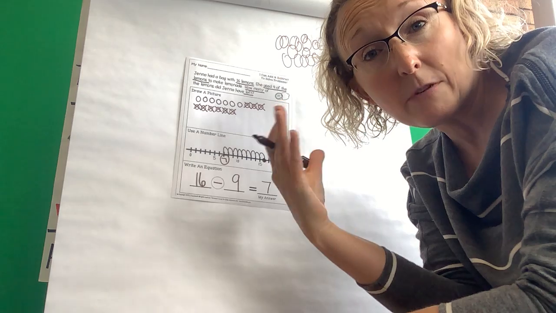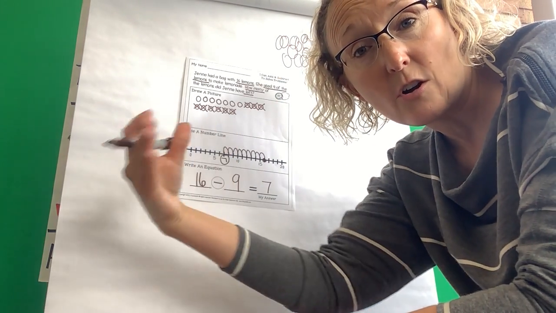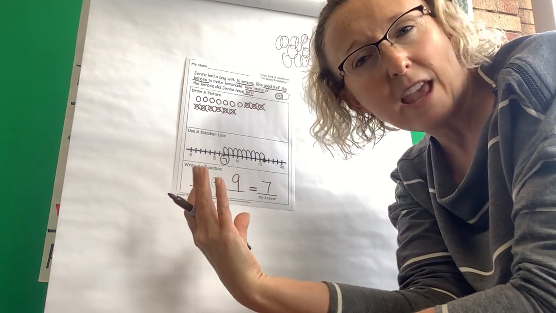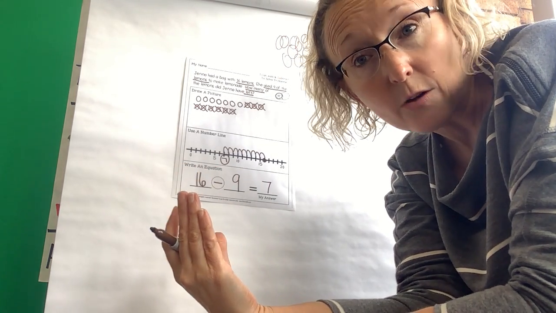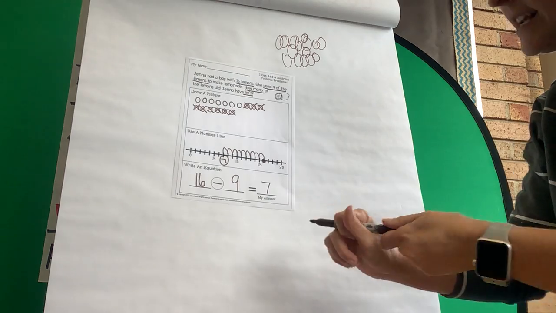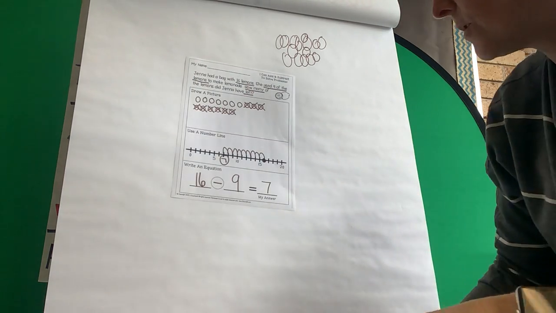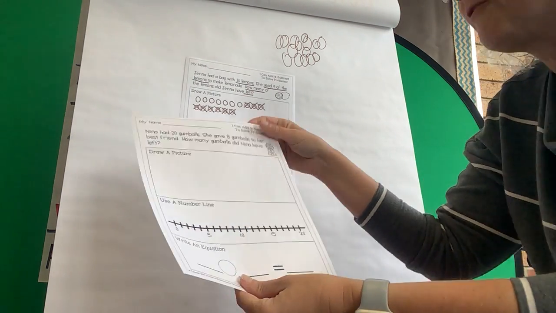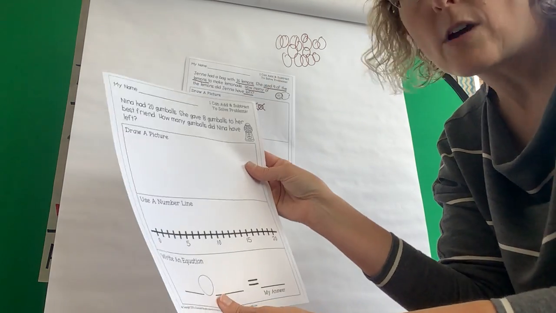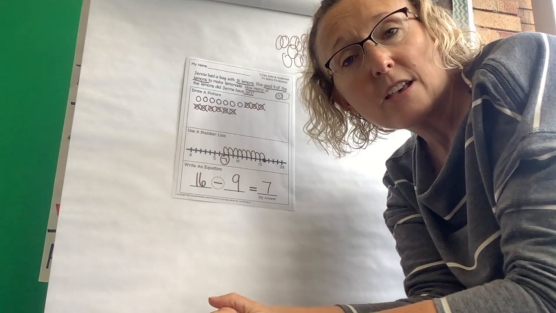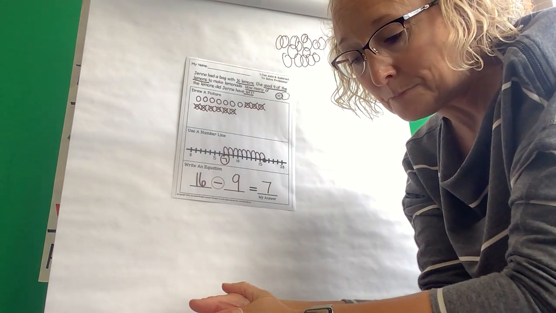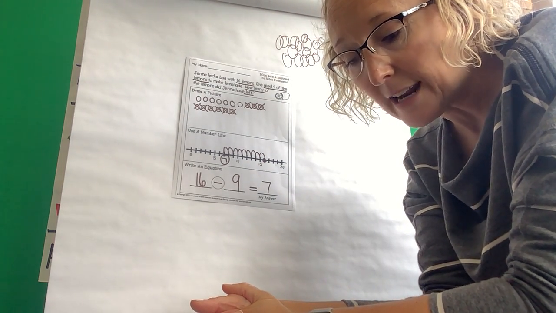You need to make them uniform in size, which means they're all about the same size, because if they aren't, it makes it hard for the other person to see your work, okay? So this is a good example of how to do it. Mine had to do with lemons. Yours is going to have to do with gumballs, okay? I'm going to be attaching this page to your assignment so that you can do that one and turn it in, okay?